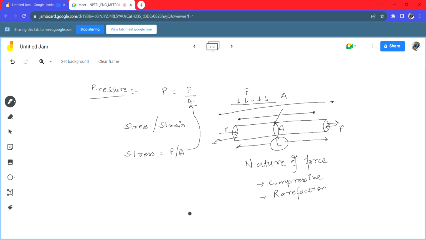Now if I want to model this strain, what can I say this strain to be? This is L minus L1, that is the new length, divided by the original length L. So strain, particularly, is a dimensionless quantity.